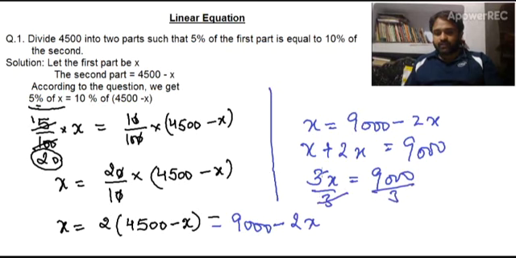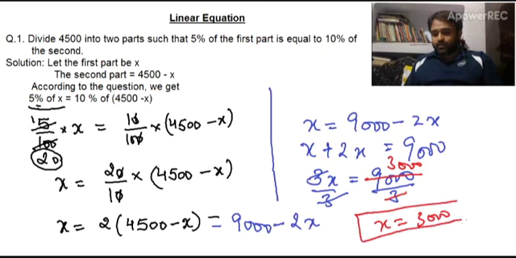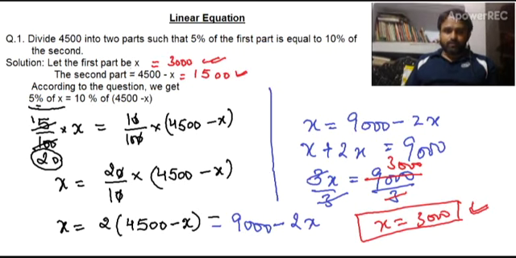So this 3 and this 3 will get cancelled, and 9000 divided by 3 is 3000. So the value of x is equal to 3000, right? So the first part is 3000, and the second part is 4500 minus 3000, that is 1500, right? So these are the two numbers into which we divide 4500 to get our answer, right?